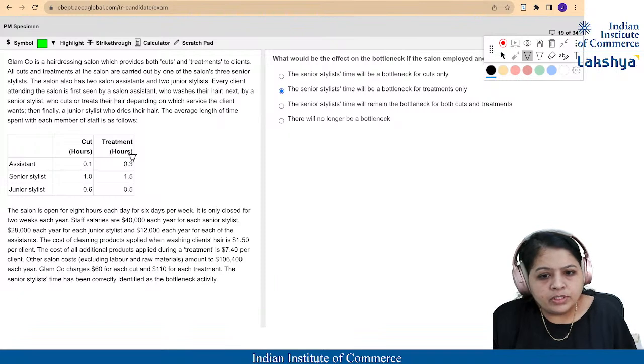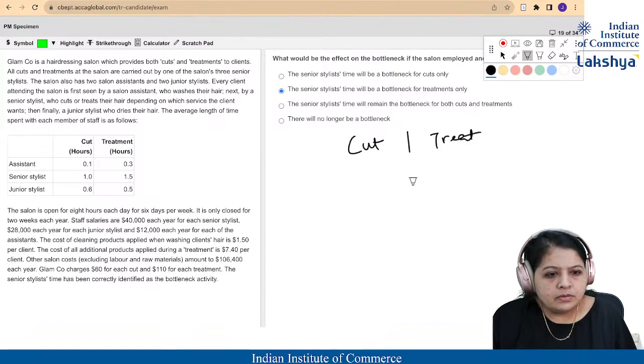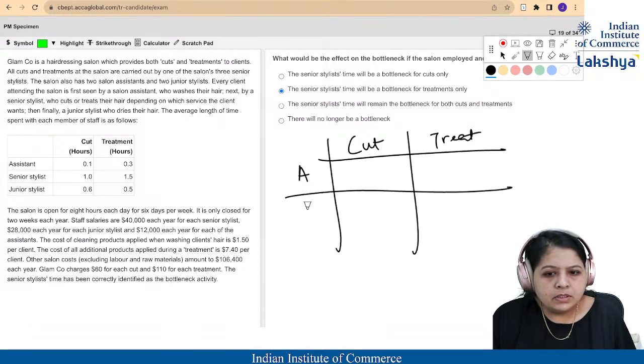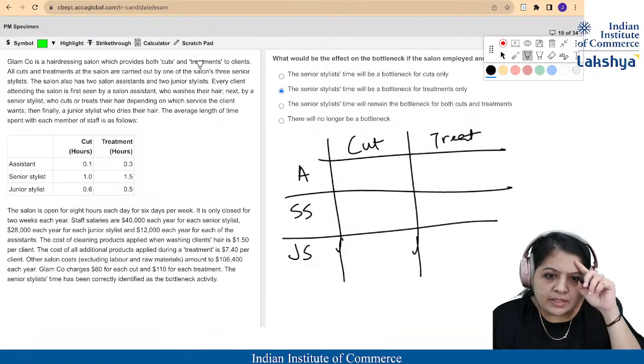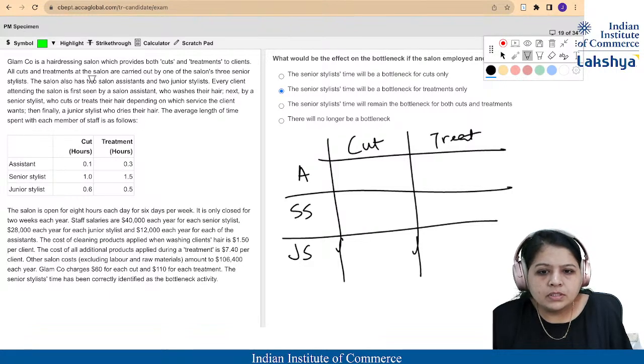Again we go to the same cuts, treatments. This is the assistant, this is the senior stylist, this is the junior stylist, right? So assistant is going to be, how many assistants? They have got two salon assistants and two junior stylists and three seniors, right?